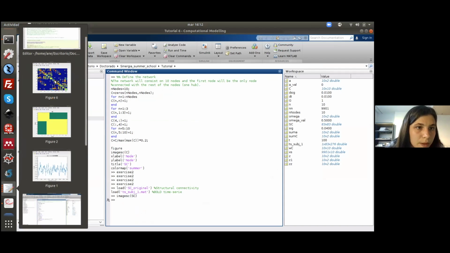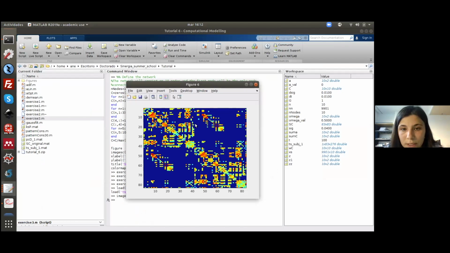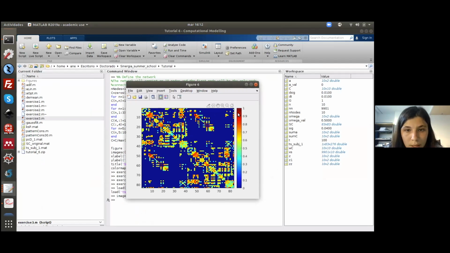So this is the structural connectivity that we have for this subject. As you can see, we have all kinds of values from 0 to 1, and here we have the interconnections between the nodes given by the structural connectivity.